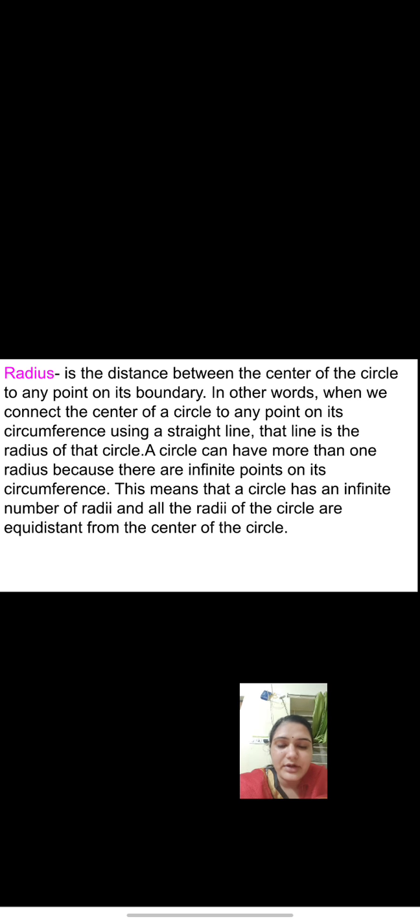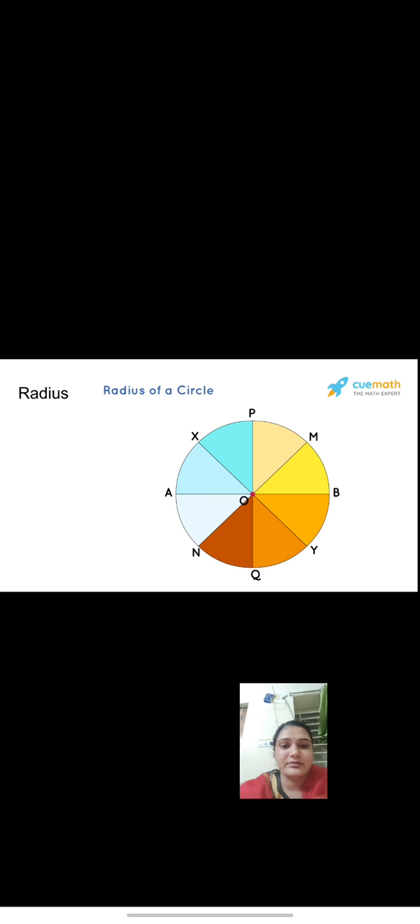Radii is the plural of radius, and all the radii of the circle are equidistant from the center of that particular circle. You can see in this diagram various radii I have shown. You can identify the points X, P, M, B, Y, Q and A on the circumference of the circle.